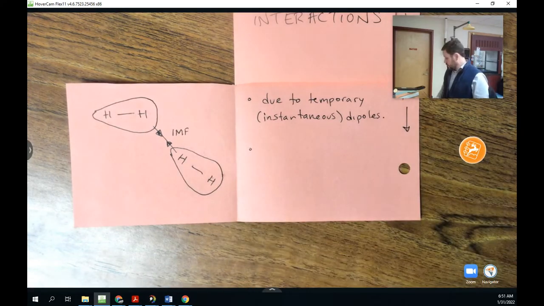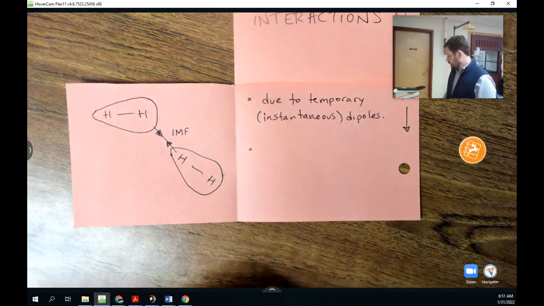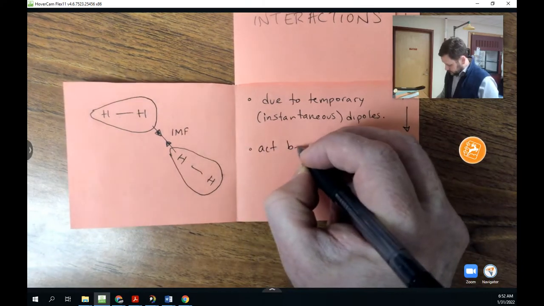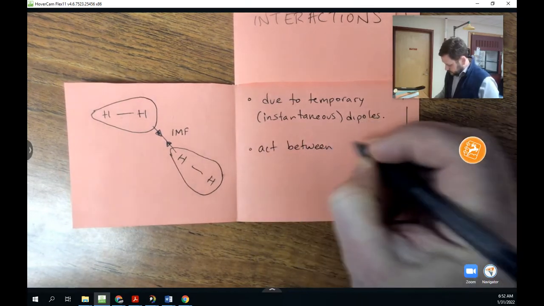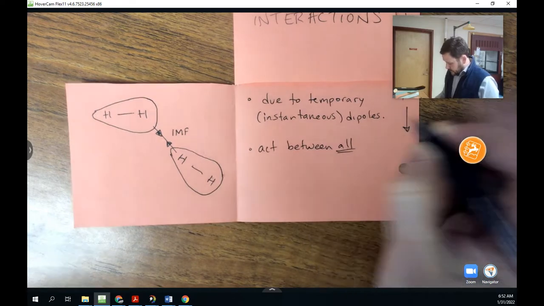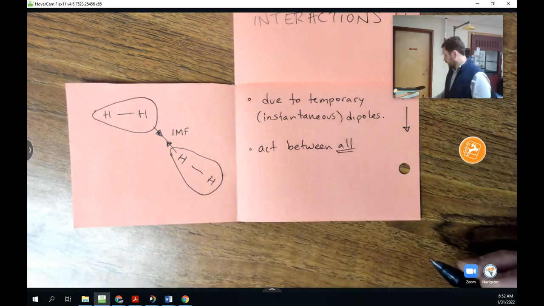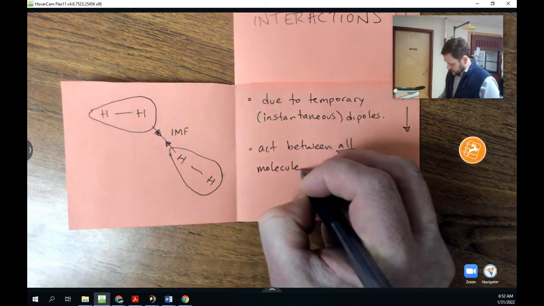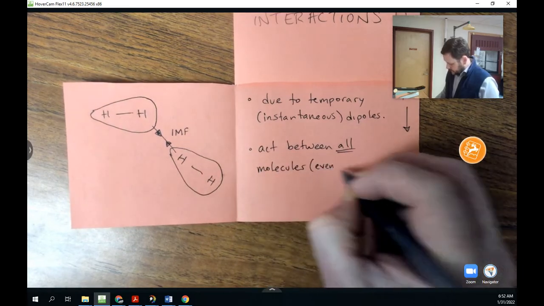Another very important note is that London dispersion forces act between all molecules. In other words, any molecules can exhibit this intermolecular force of attraction, even nonpolar molecules.